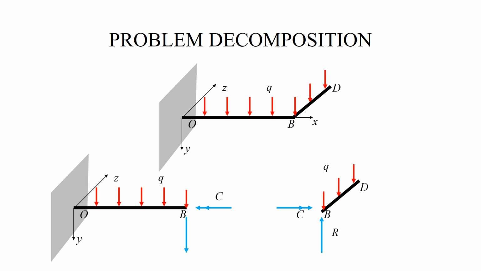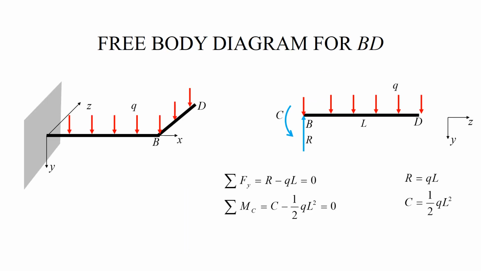So now we can look at BD, and now the moment appears in this form, and it clearly shows that this is a negative bending moment, right?